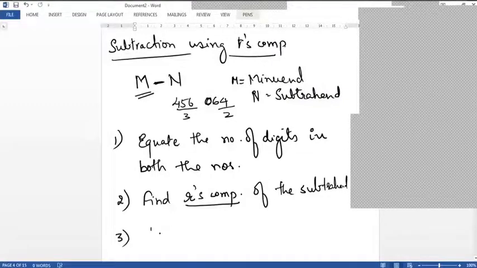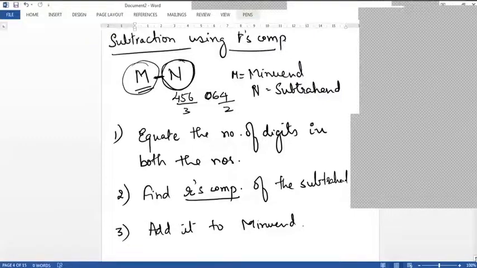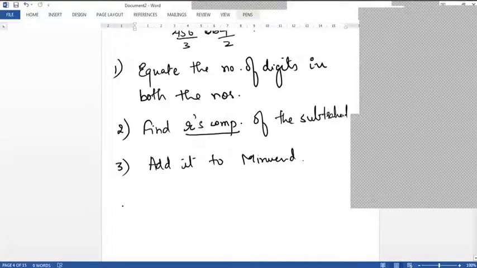After that, add it to the minuend. So first find the r's complement of n, and whatever answer you get, add it to your m. What actually happened in this method? We first calculate the complement and then we add. We are not carrying out subtraction; we are calculating the complement and then adding it to the minuend.